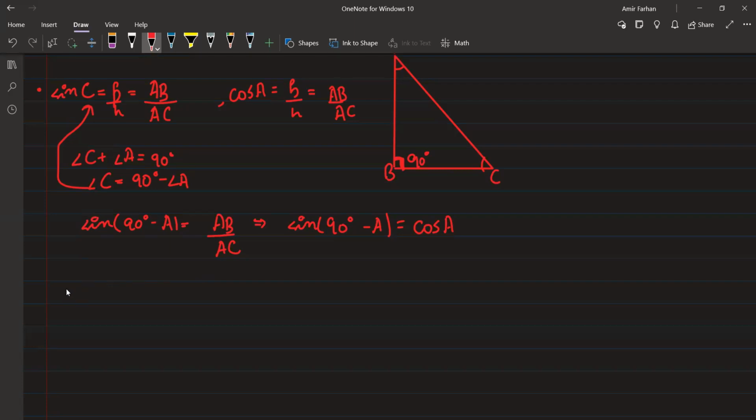Now, can we write cos(90° − A) equals what? Sin A? Yes. So basically, sin and cos are complementary to each other.